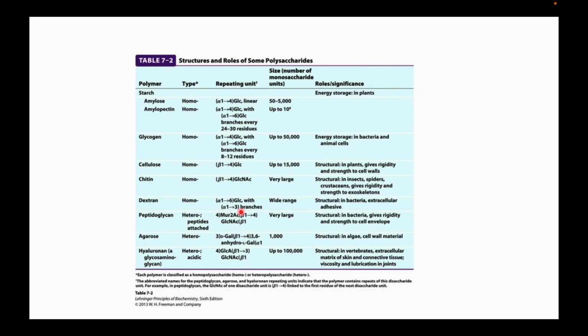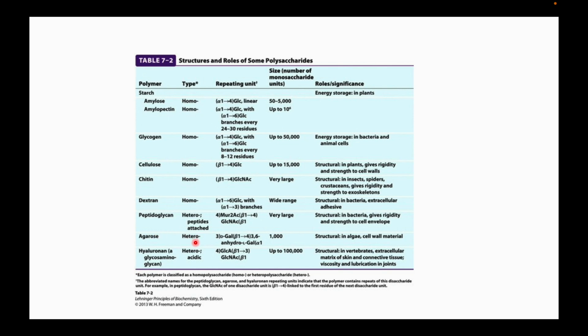It has the basic unit of glucose, but the branching occurs at 1,3. Okay, and the single chain without any branch is 1,6 and not 1,4. Okay, this is the only difference between dextrin and our starch, glycogen, cellulose homopolysaccharides. Okay, it is found in bacteria and as an extracellular adhesive.